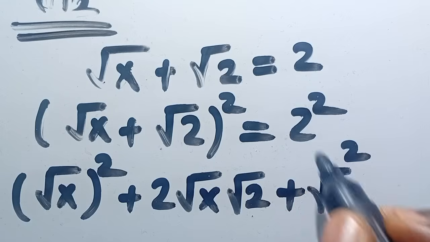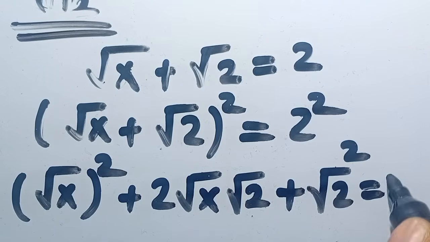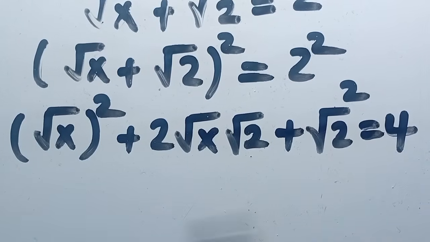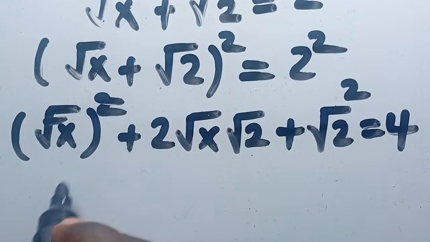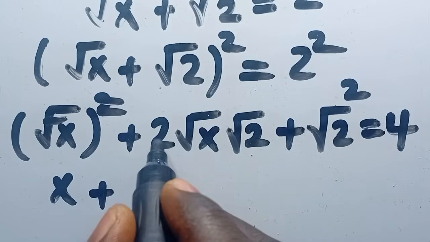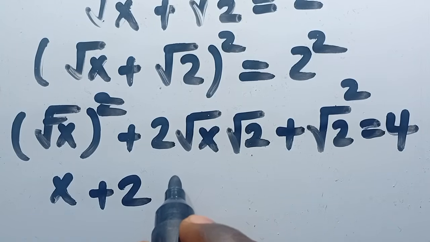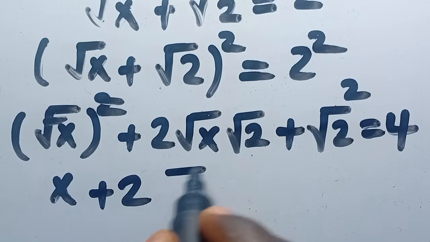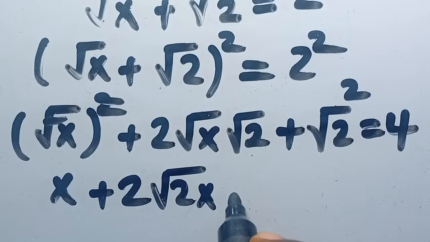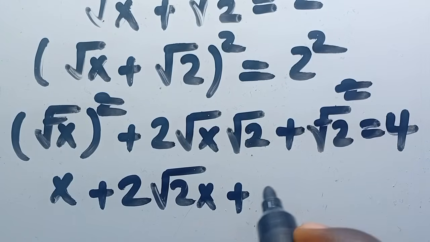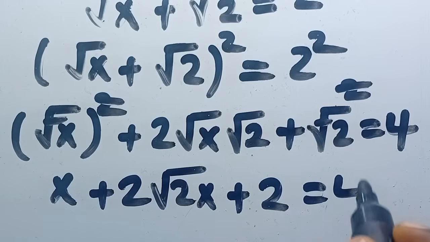Then this will be 2 to the power of 2, 4. So this will cancel out this. We have x plus 2 multiplied by root 2x. This will cancel out this, we have 2 equals 4.